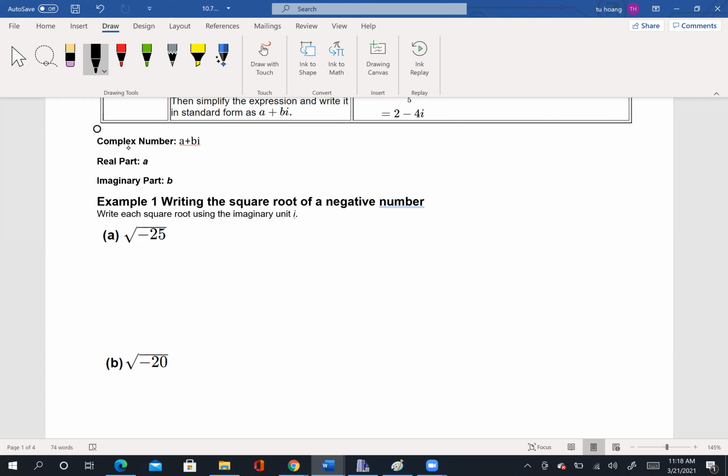Okay, give me 1 second. So we try example number 1. We write the square root of a negative number using the imaginary unit i. So how can we write this?